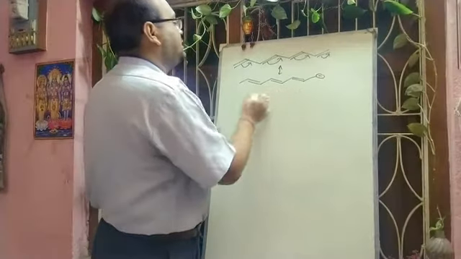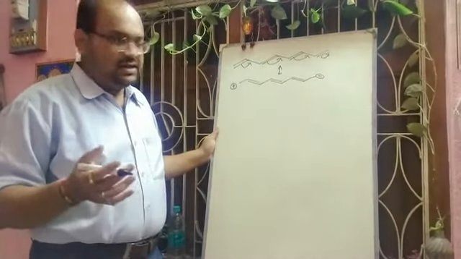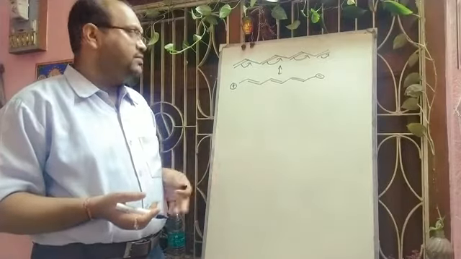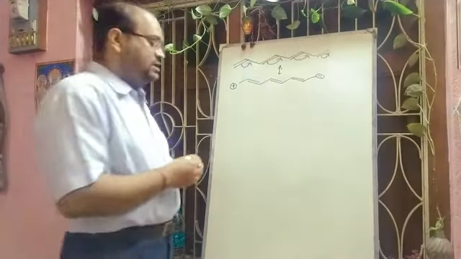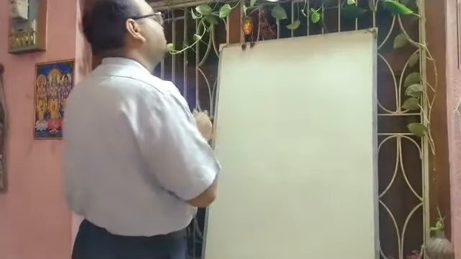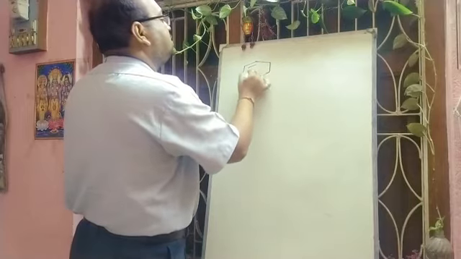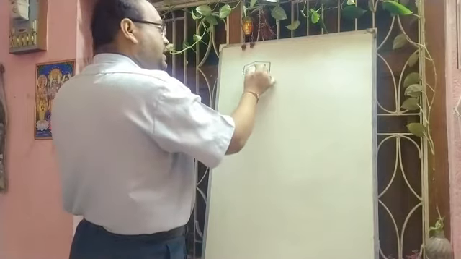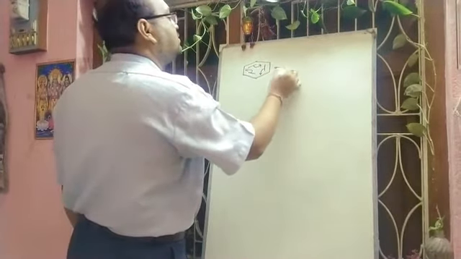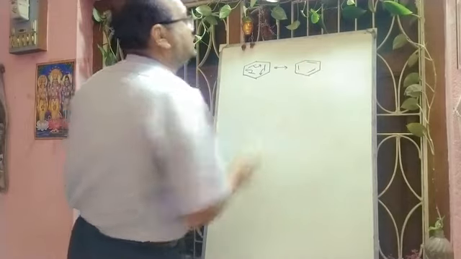If we show it stepwise, then the number of canonical structures will increase. Definitely there will be more canonical structures. Suppose in a ring, like a benzene ring, there is alternate double bond and single bond. Definitely there will be two structures like this. So in this way we have to draw the resonance structures.